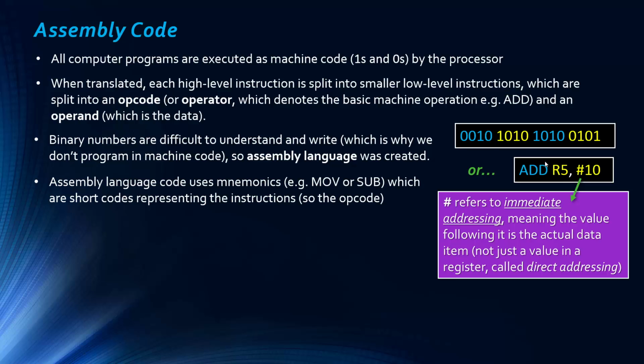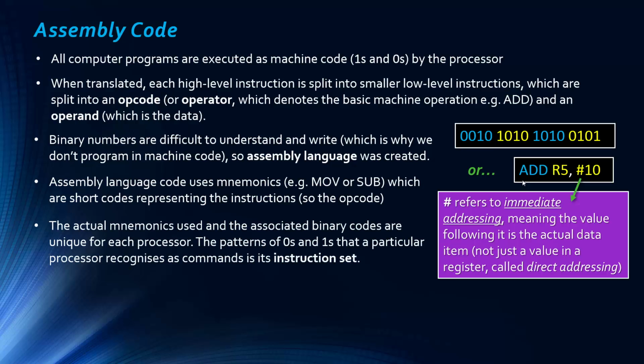It's not just a value in a register. When we write R5 or R2 or R8, that's the register number, the address of that register, referring to whatever's contained in it. This is the actual data. We're actually moving 10. 10 is not a register name, it's being moved to the fifth register, or added. So that's quite important. This is a literal value in that sense.